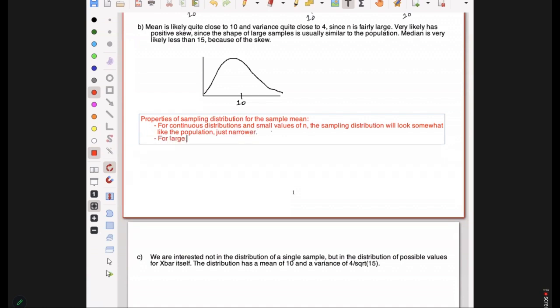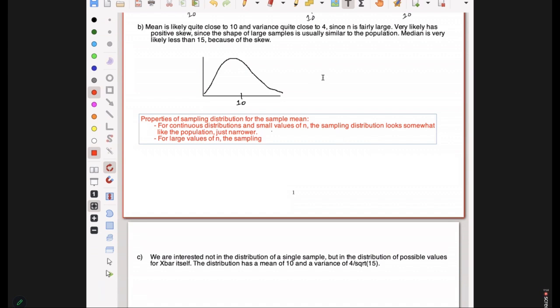For large values of n, so looking at the sampling distribution of the sample mean from large samples, this is something that we can actually describe if we know the population.